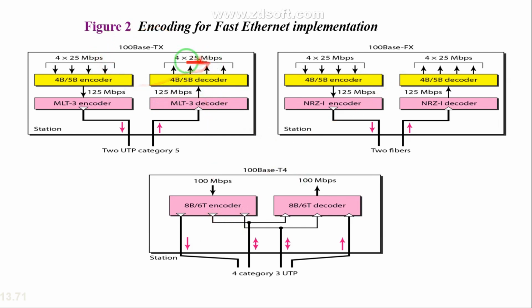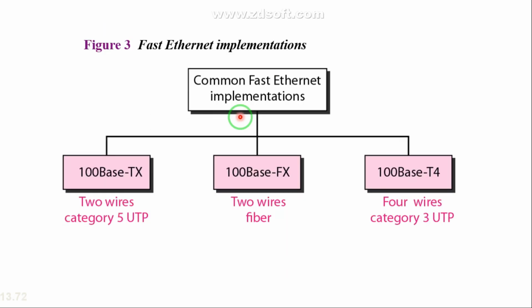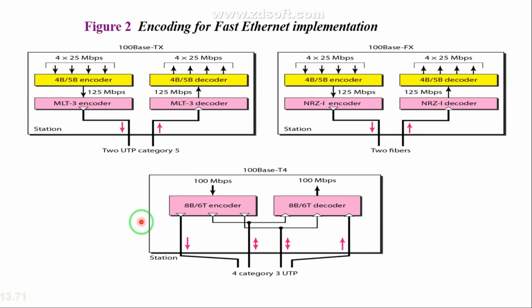Now we are going to talk about 100Base-TX. It uses two pairs of twisted pair cable, either Category 5 UTP or STP. For this implementation, we use MLT-3 encoding. But this encoding is not a self-synchronous line coding scheme.